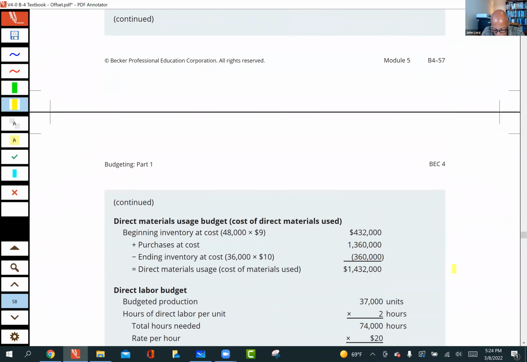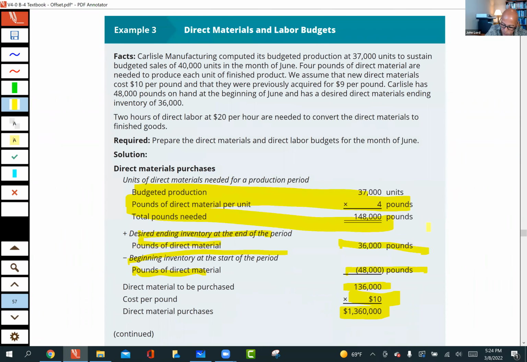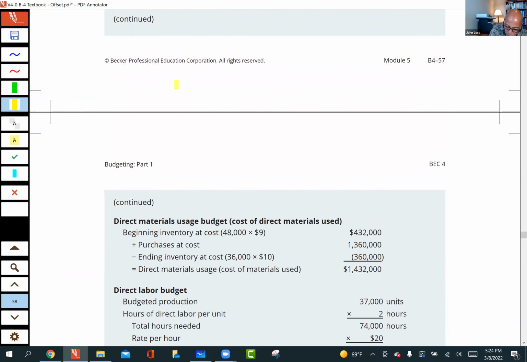Then we're going to come out with the amount we're going to use, and notice we have to pick up those costs that were already in there at the old cost of $9 times the 48,000 pounds. So we have the $9 times the 48,000 is what we started with. We just calculated what our purchased amount was. That came down from the previous calculations.